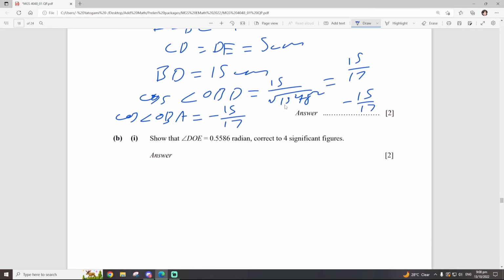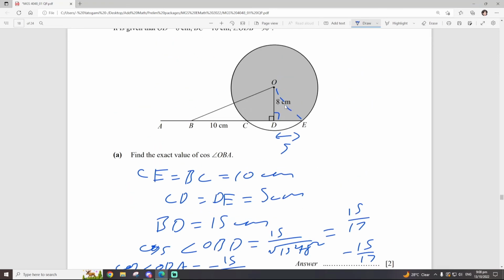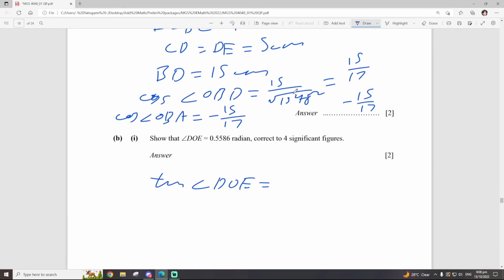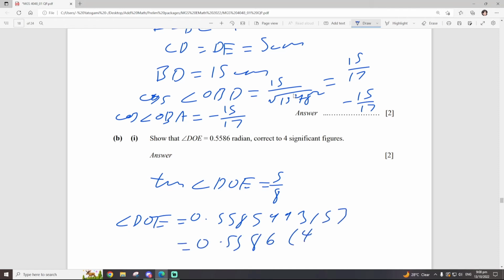So I can write down tangent angle DOE equals opposite over adjacent, which is 5 over 8. Then you just take the tangent inverse of this. Just make sure your calculator is in radian mode, then you should be fine already. Okay, so angle DOE is 0.5585993, which is 0.5586 to 4 SF.